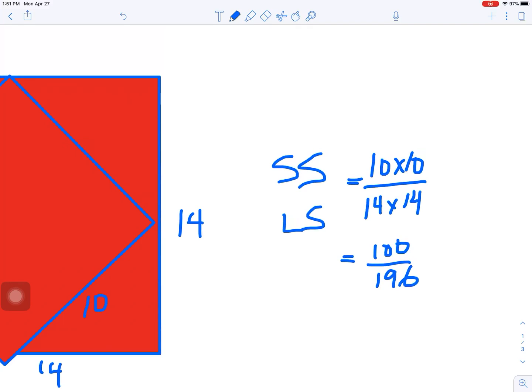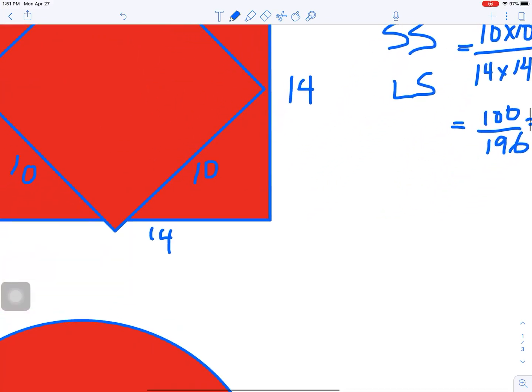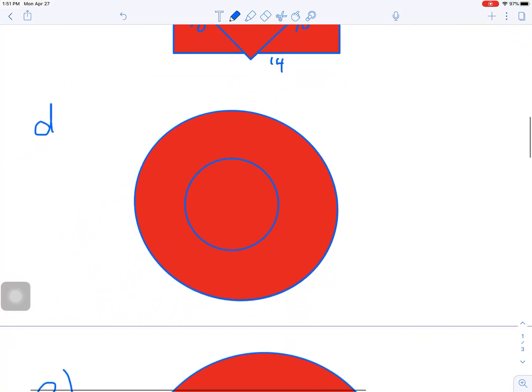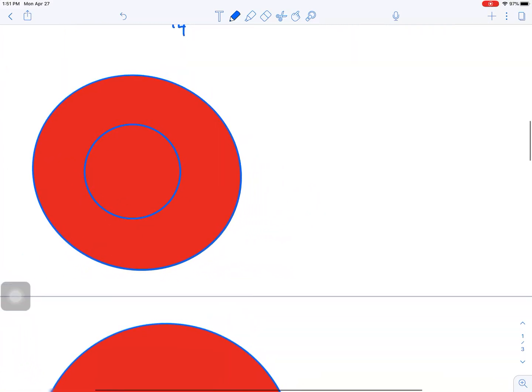Okay, we can divide both of those by 4, and that would get us 25 over 49. And that's as low as you can divide that, because you can see that those are perfect squares and they'd only divide by 5 or 7. So that gives you the answer to C. D is a little trickier because you're dealing with circles and you have to remember the formulas for circles.